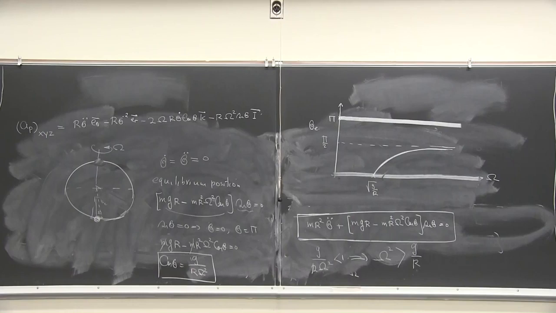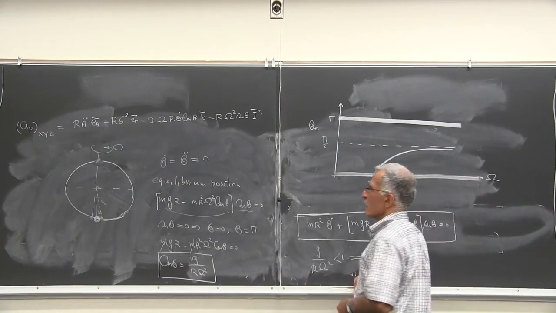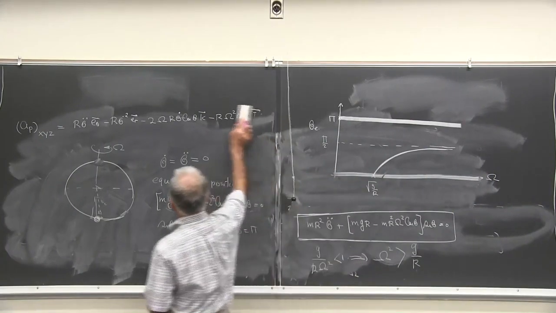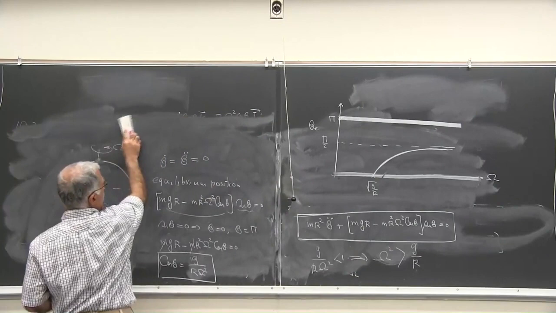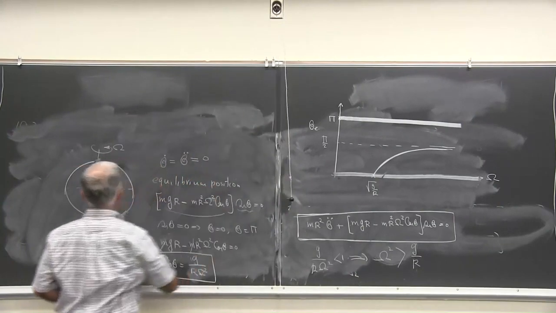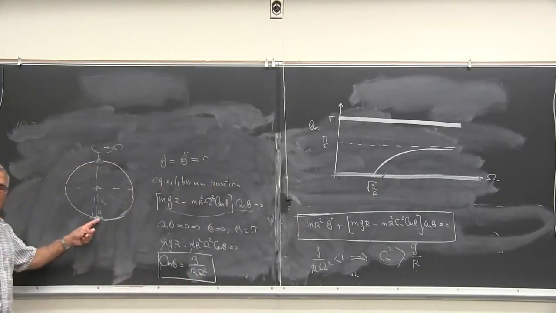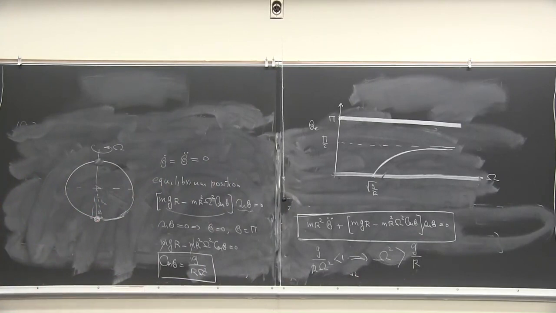Now we go ahead and talk about another thing which we call stability. What happens if my theta is sticking there at equilibrium, and somehow somebody disturbs it around that equilibrium position?